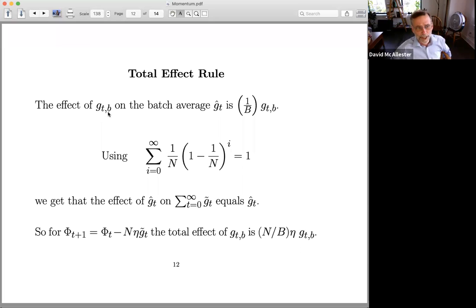The first observation is that any one training point's effect on the batch average is 1 over the batch size times that training point. Since we're taking an average, every training point gets divided by the batch size. Now for a rolling average, the following observation is interesting. If I take the sum of all the weights over time on a given input value: when we take a rolling average, we add in 1 over n times a new value, and then that value is multiplied by 1 minus 1 over n each time step.